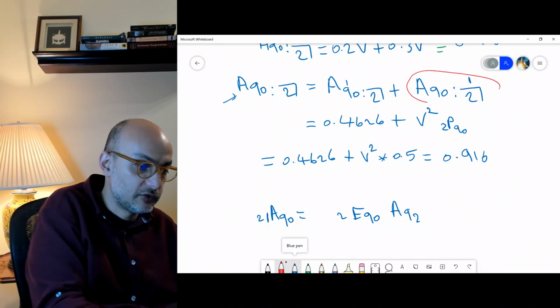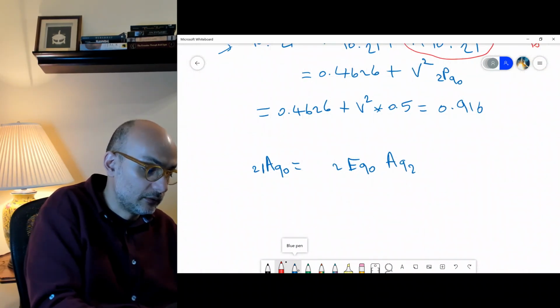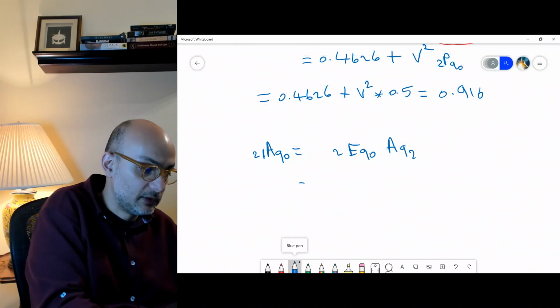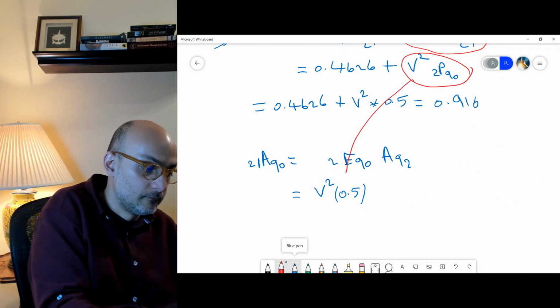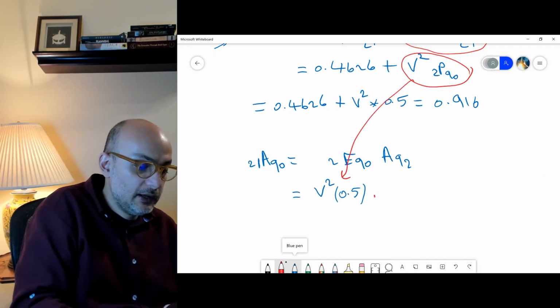This one you can also write as 2E90. You already calculated it, or actually I didn't compute it, but we can compute it quickly. V².5. This is it. Now A92.